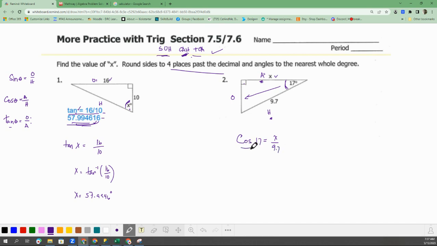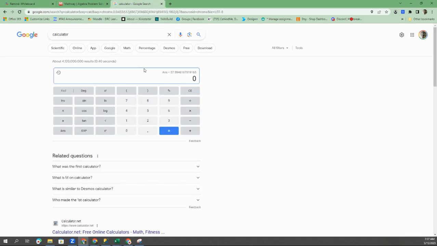Now, if you want to put over 1 here, then you can cross multiply, right? 1 times x, or x, equals 9.7 times cosine of 17 degrees. So make sure that the 17 is in degrees, so make sure your calculator is in degrees. So if we use a regular calculator, we can do cosine.